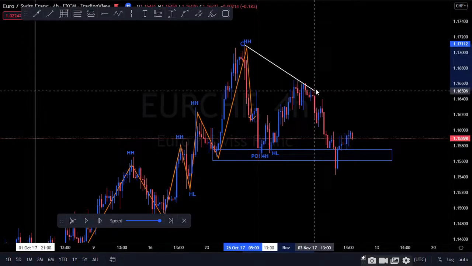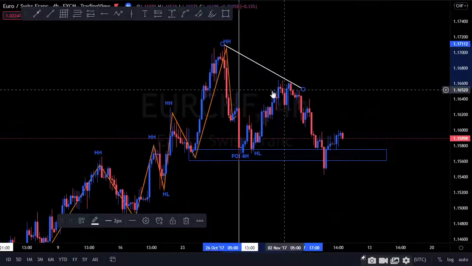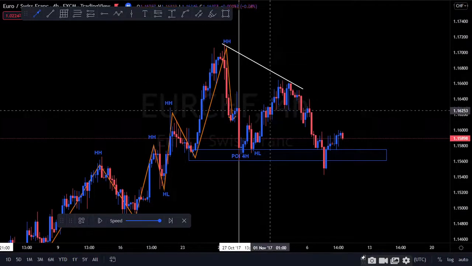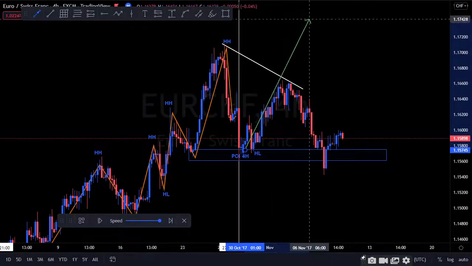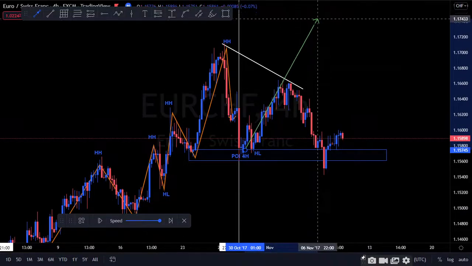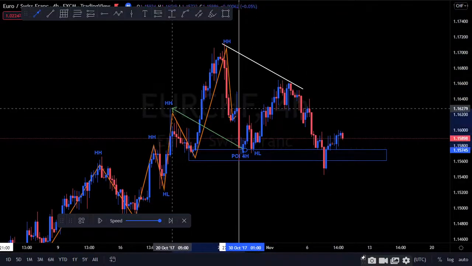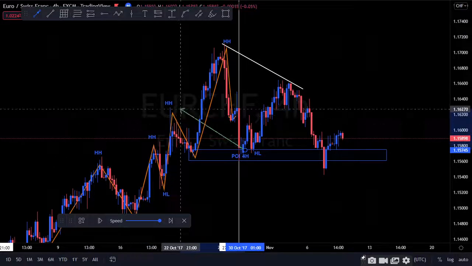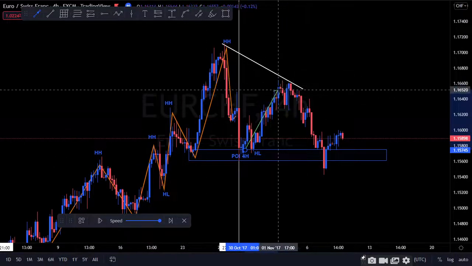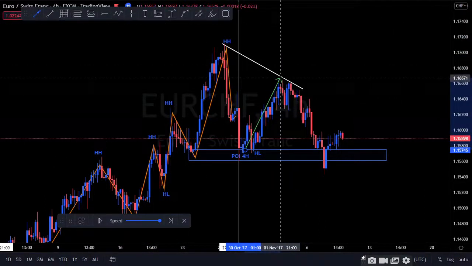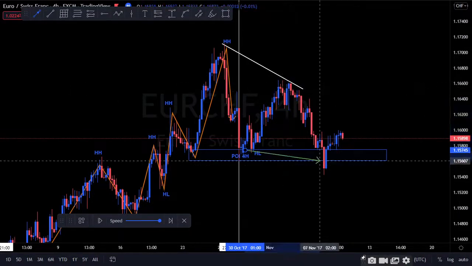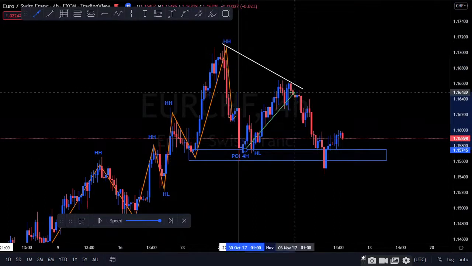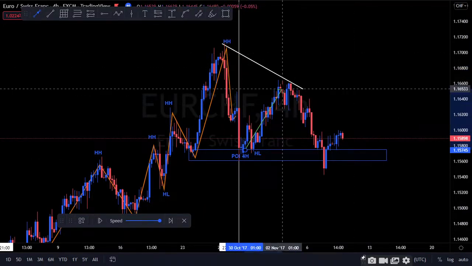This is an SMS, shift in market structure, because this low was supposed to be higher than this high, since from here we were having higher highs, higher highs, higher highs. But it couldn't. It gives you an idea that the market can change from bullish to bearish. So this is an SMS, shift in market structure.